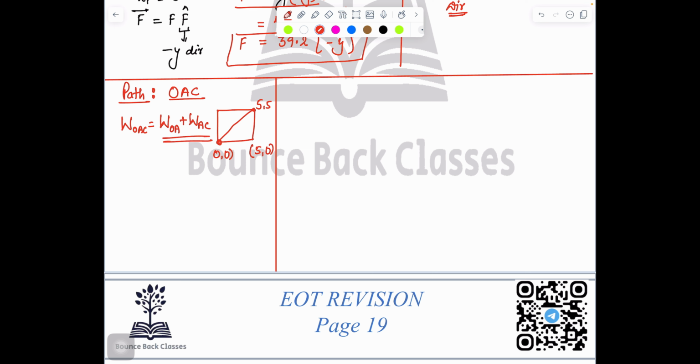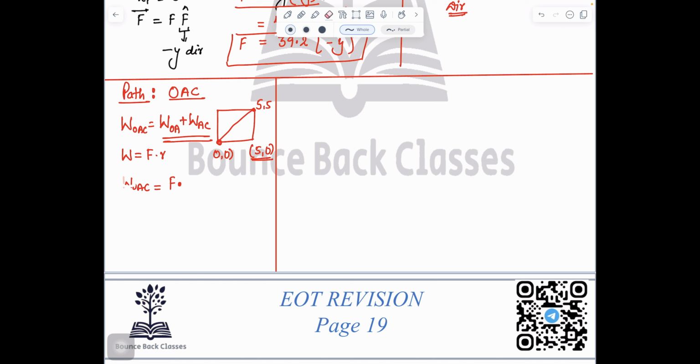We know the formula, work done is equal to F dot R. So work done OAC is equal to work done OA plus work done AC. In case of OA, we have 5 along the x-axis.